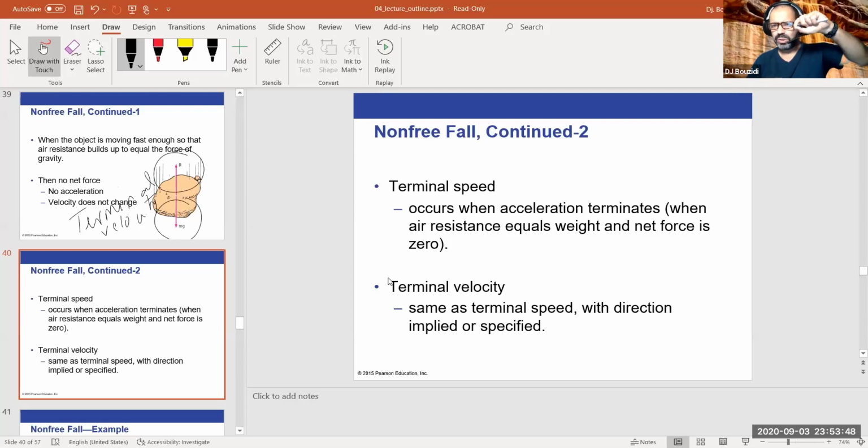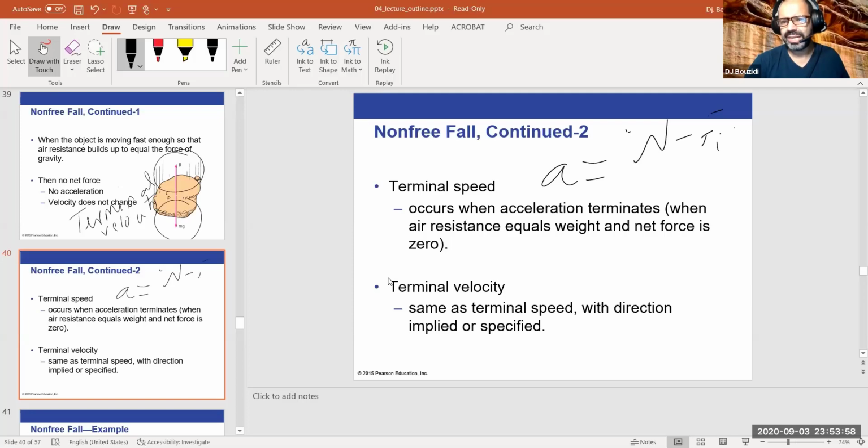The weight and the force of drag cancel, in which case the acceleration is zero, because the net force, which is the weight minus the force of drag, divided by the mass, is zero. So there is no more gain of velocity after we reach that point. The object now comes down at constant speed.